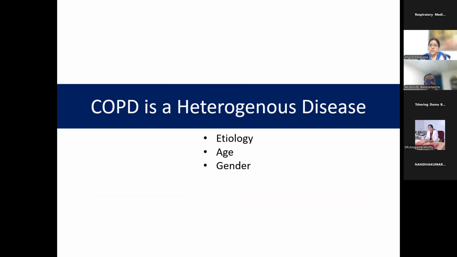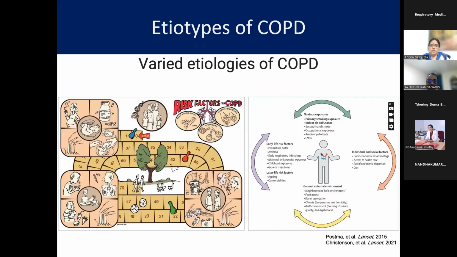So COPD is a heterogeneous disease. We all agree to that. And the heterogeneity spans over the etiology, the age, gender, and other things which we'll be discussing later on. See, the etiologies are varied in COPD. It starts right from early life when the genes are held responsible to be one of the mediators of COPD.